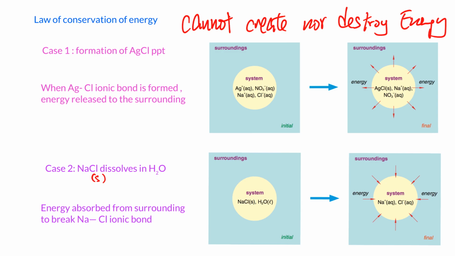So the energy in the surroundings decreases, and after the energy is absorbed, the energy in the system increases. The decrease in the surroundings equals the increase in the system. Then we say that is the law of conservation of energy.